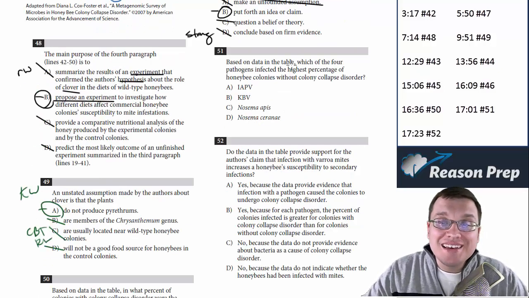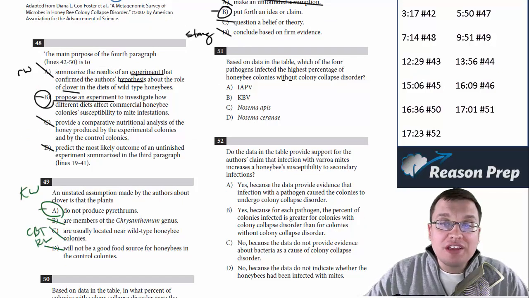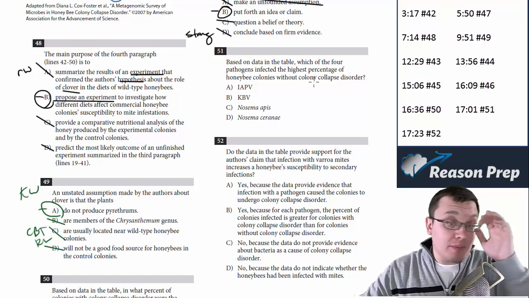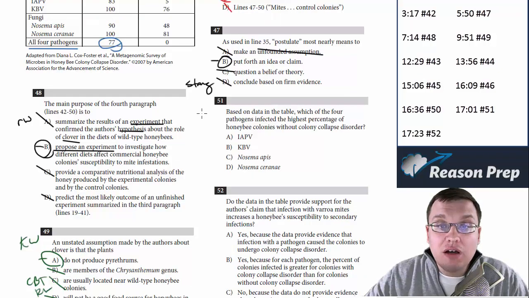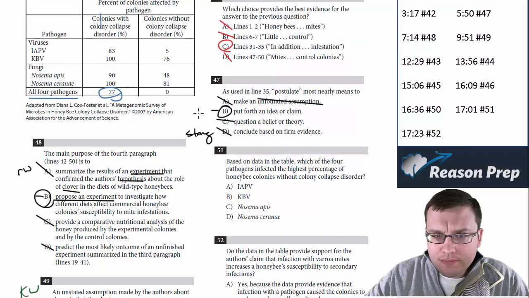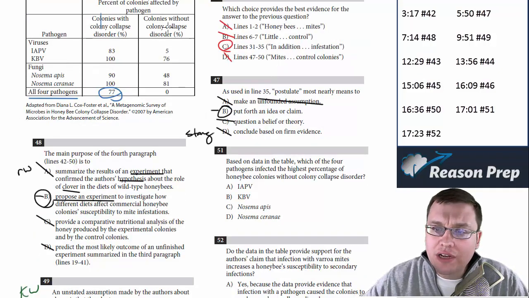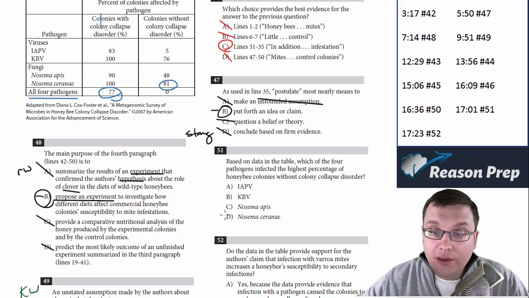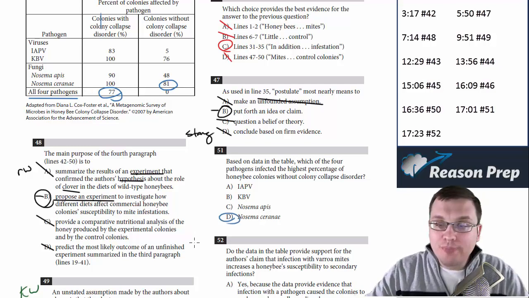Based on the data in the table, which of the four pathogens infected the highest percentage of honeybee colonies without colony collapse disorder? So here's the colonies without colony collapse disorder. Here's the one that's the highest. So it looks like it's just going to be Nosema ceranae. So D looks good.